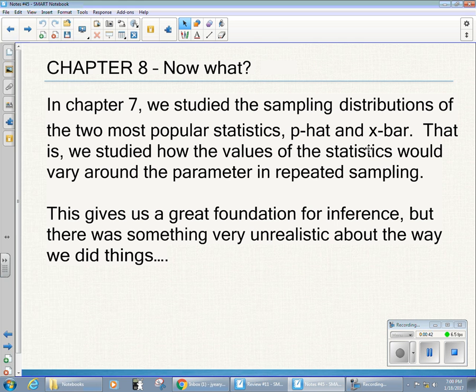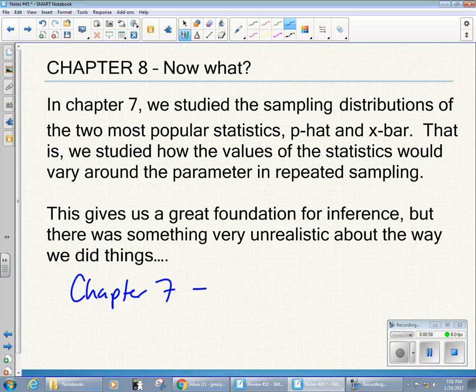So big picture, what is different in this chapter from the previous chapter that we just started? The biggest difference that you're going to notice is that in chapter 7, we were given mu and p. These were our parameters.